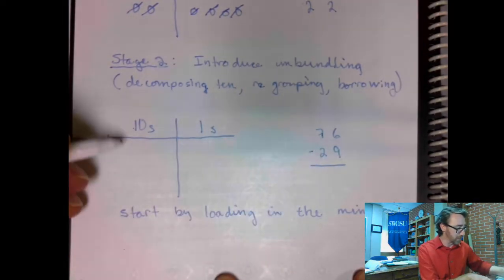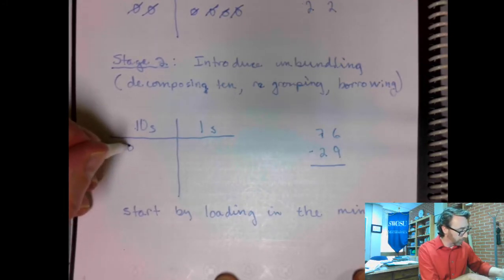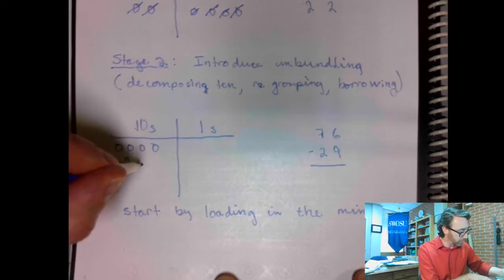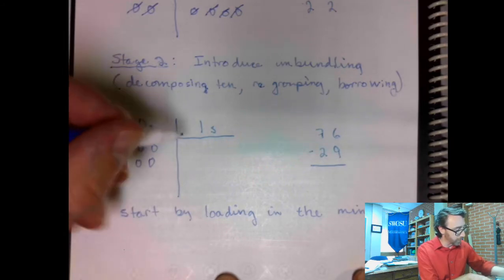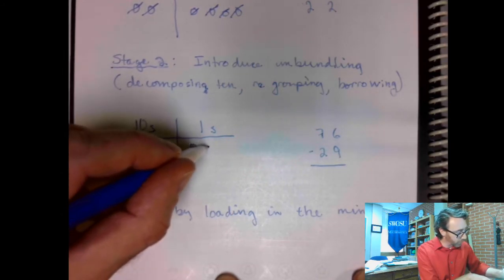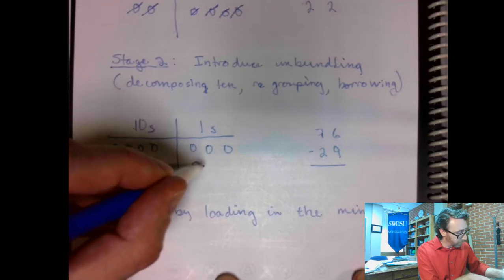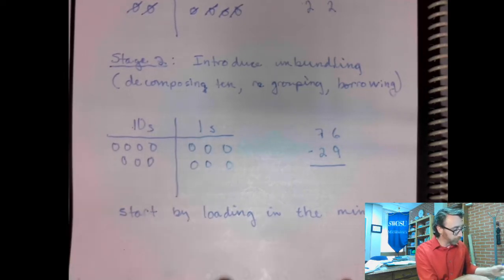In this case, it's 76. Okay, so 1, 2, 3, 4, 5, 6, 7 in the tens tray. And then in the ones tray, 1, 2, 3, 4, 5, 6.